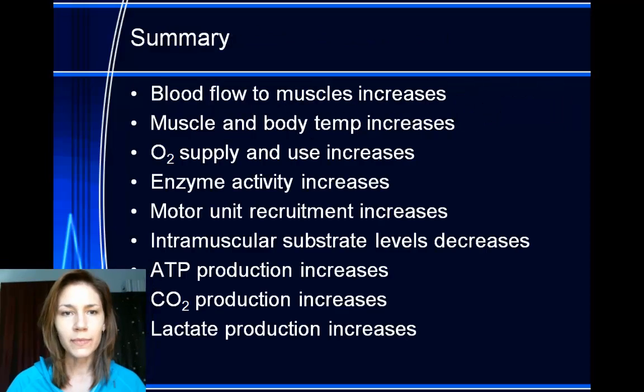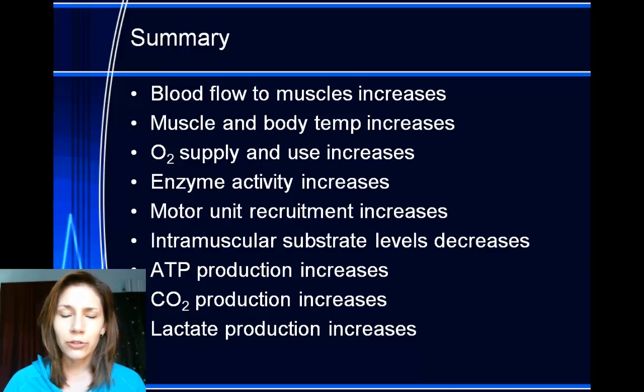Okay, just in summary, when you start exercising at the muscular level, these particular changes will occur. The blood flow to the muscle increases, the muscle and body temperature increases, and you will increase your oxygen supply and use. You'll also have an increase in enzyme activity, the ATPase that I spoke about.